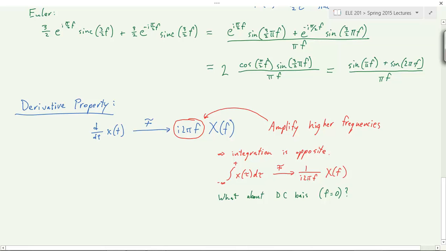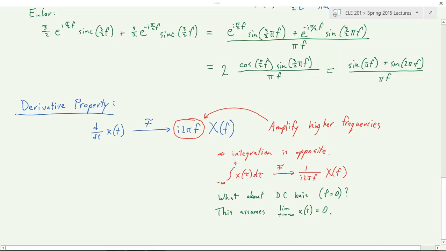So this formula here for the integral assumes something. It assumes that there is no so-called DC bias, or in other words, that the limit as t goes to negative infinity is 0. As long as x starts off at 0 asymptotically in the negative direction, then this integral is nicely defined, and you'll have the property above.